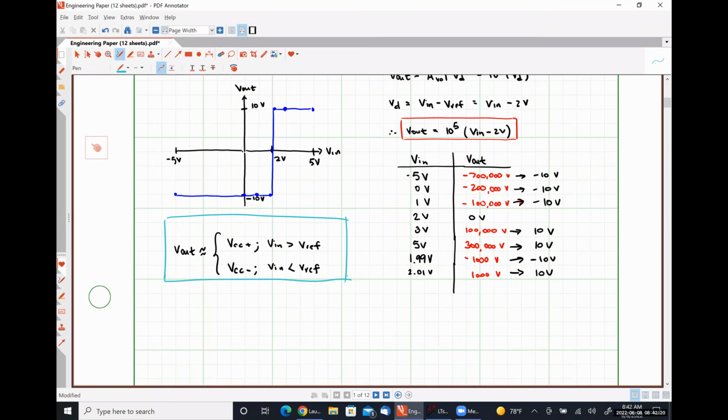This is the behavior of a non-inverting comparator.